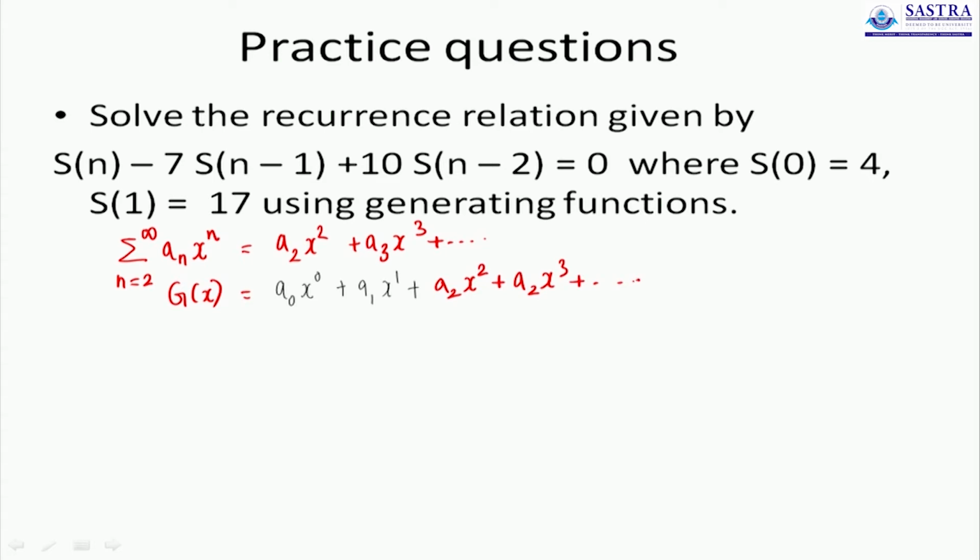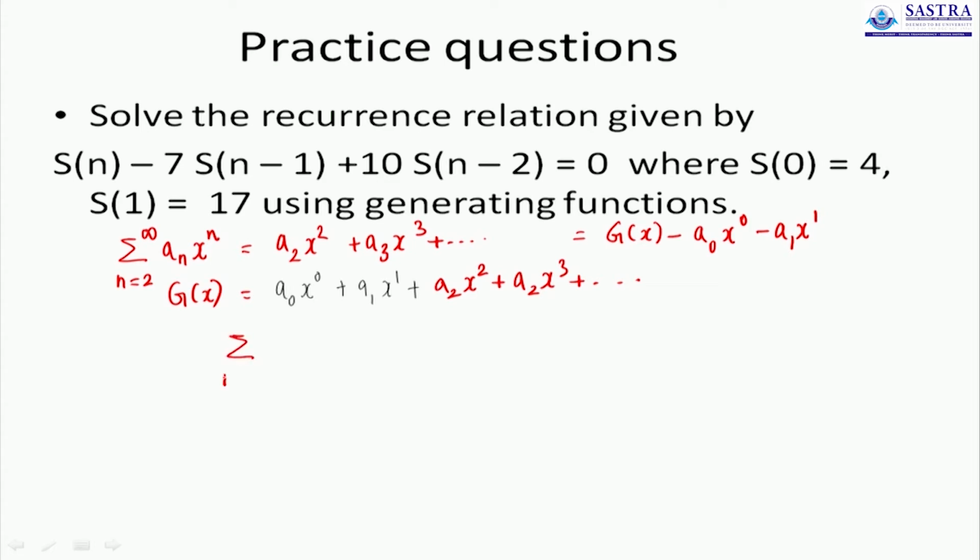When you compare what we have in the summation and what we have in the definition of g of x, it is obvious that we are missing the first two terms. So to make the adjustment, we will write this equation as g of x minus the first term a naught x power 0, the second term a1 x power 1. So that is what we have.